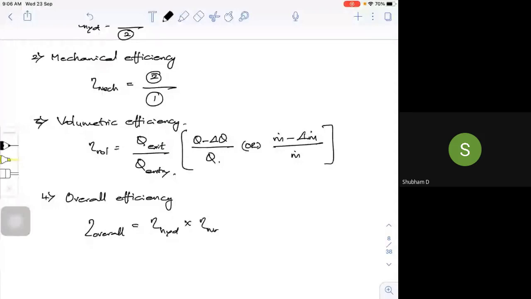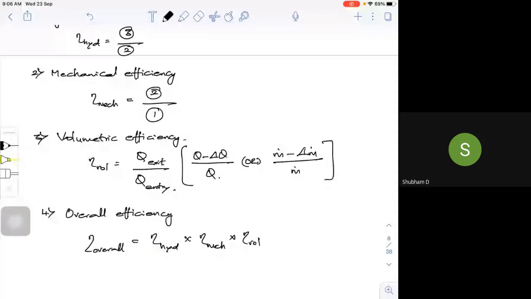What is the purpose of going for this efficiency? It is to quantify what we saw. It was more of an energy interaction, the energy that is getting in and the energy that is going out.